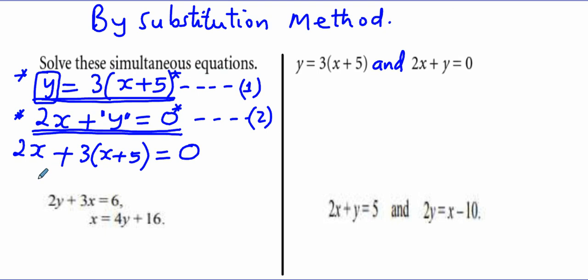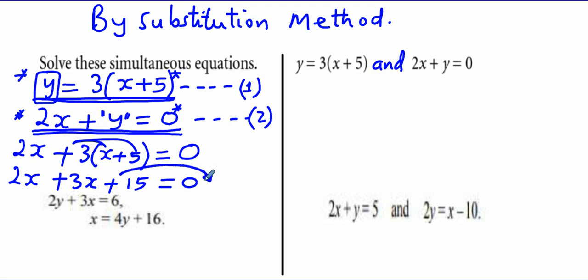All right, let us proceed. This will be 2x. Now here we have to open the bracket. So this will be 3 times x, then 3 times 5. So this will be 3x plus 15 equals 0. Collecting like terms, this positive 15 will be heading to the right-hand side, leaving 2x plus 3x on the left-hand side. So this will be 0 minus 15.